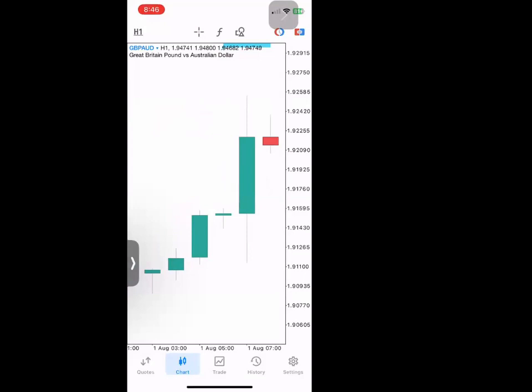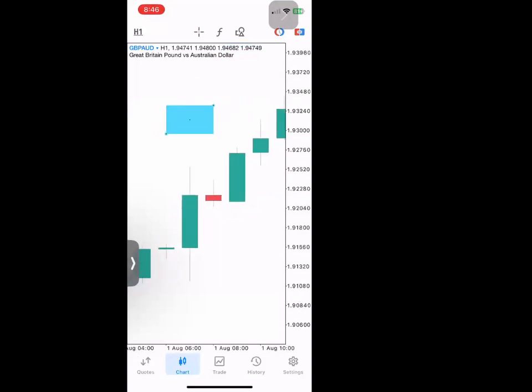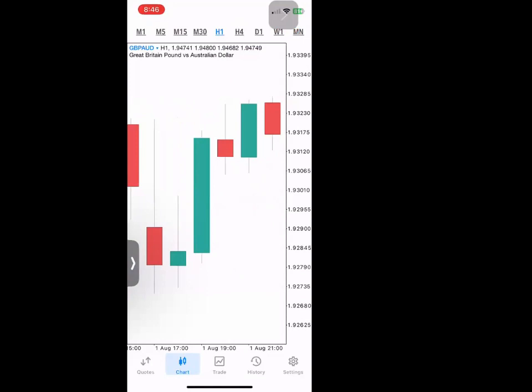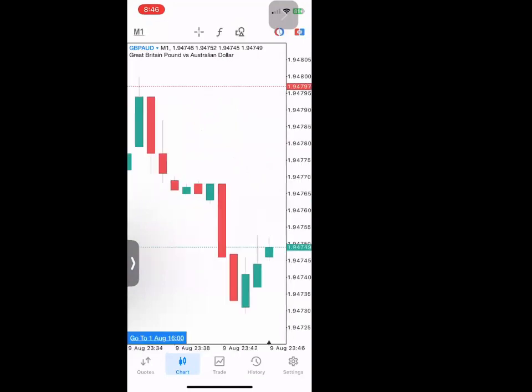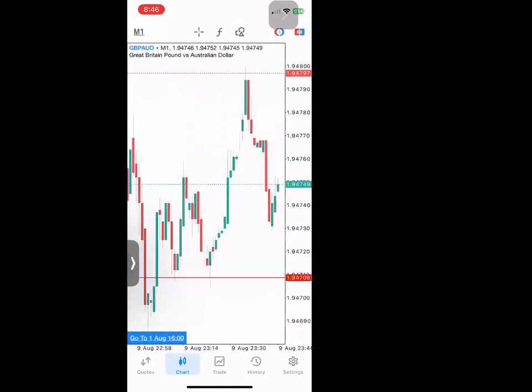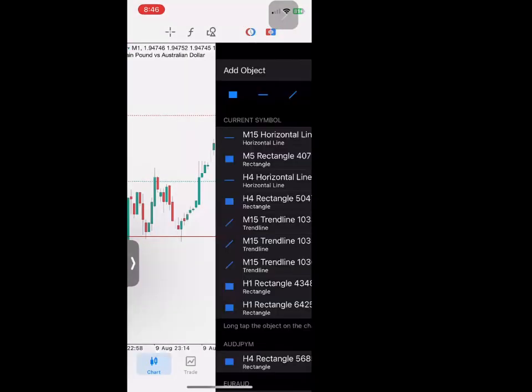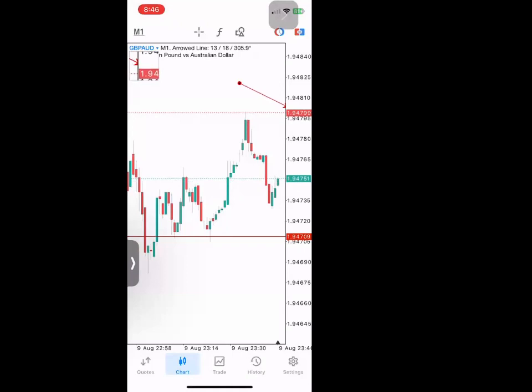I hope you guys are clear. It represents 1 hour. Let's shift to M1. That is 1 minute. Now on the M1, I want you to take a good look at something. Look at the side.